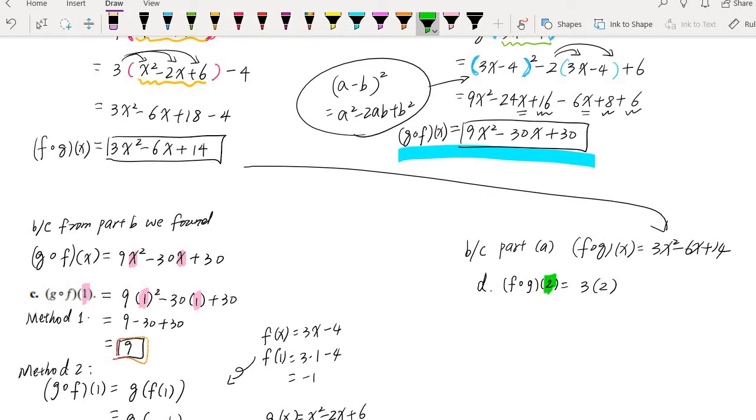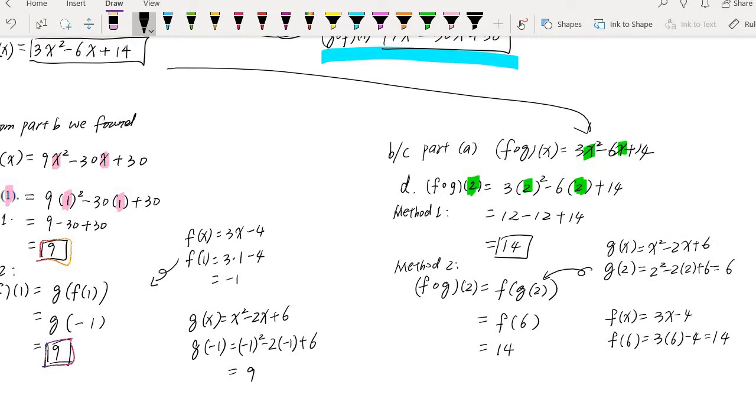So there's a 2, we're going to plug in for your x. You're going to have 3 times 2 squared minus 6 times 2 and then plus 14. All we're doing is substitution. Then we're going to simplify this. This whole thing equals 14.